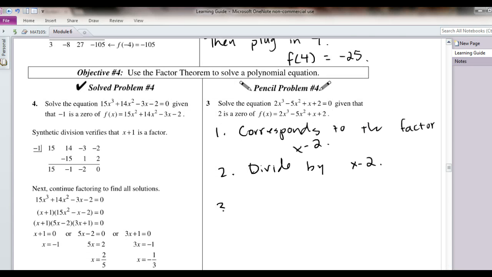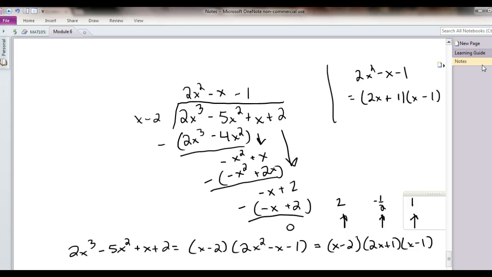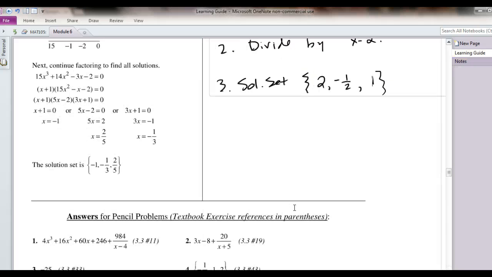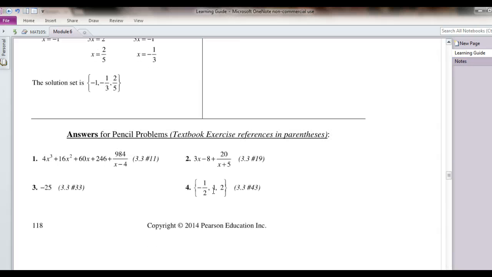So the solution set is 2, minus 1/2, and the last one was just 1, I think. Yep. Is that what they got? 2, 1, and minus 1/2. Sure did.